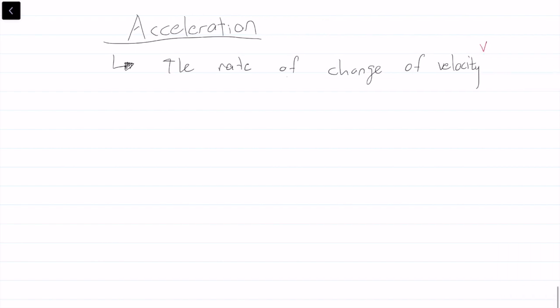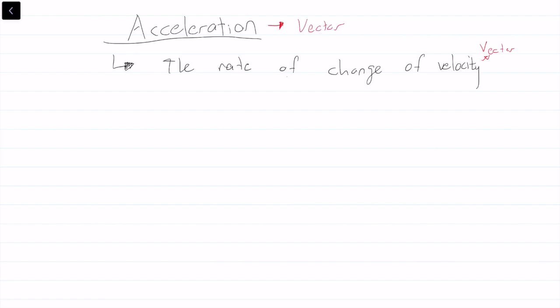So let's define acceleration and try to understand what it is. The definition for acceleration is the rate of change of velocity. And if you remember, velocity is a vector quantity, and so acceleration also has to deal with a vector, so it is a vector as well.